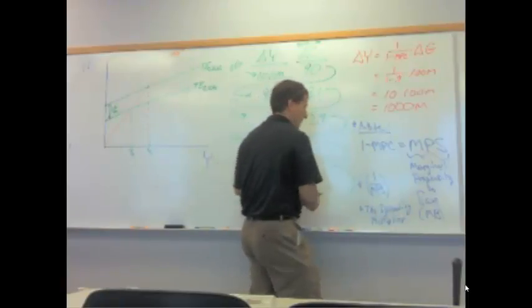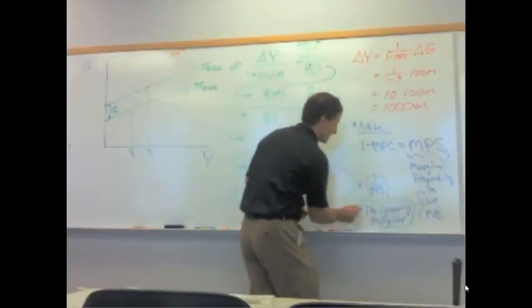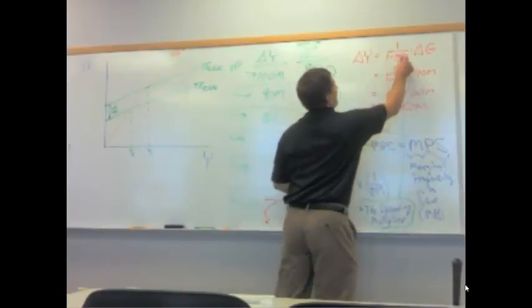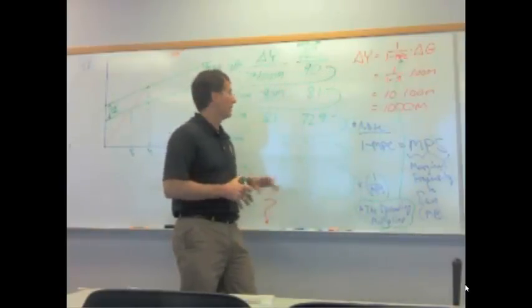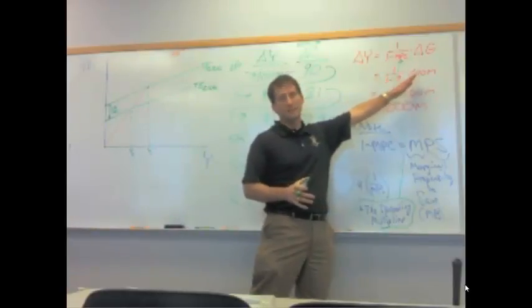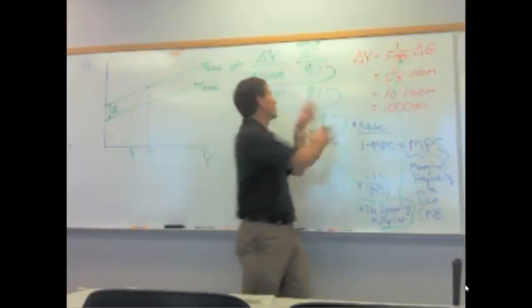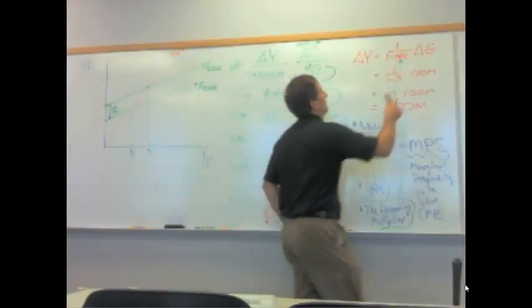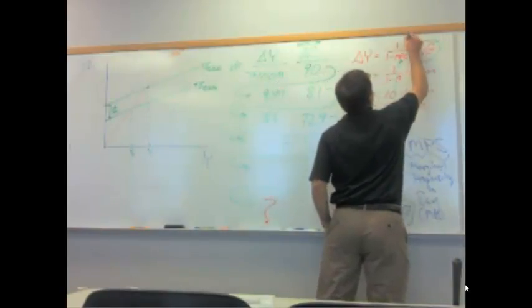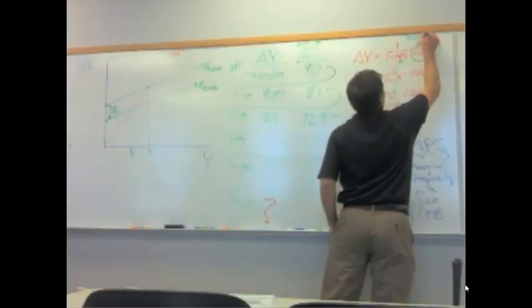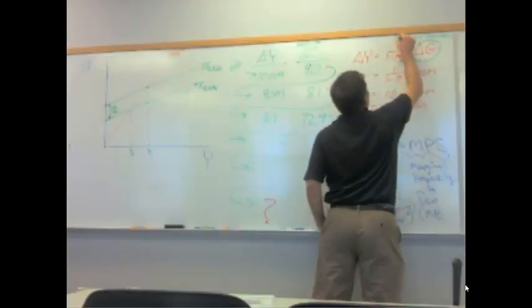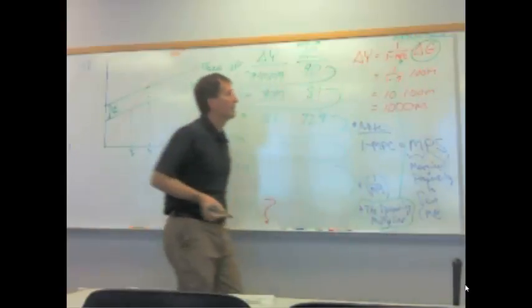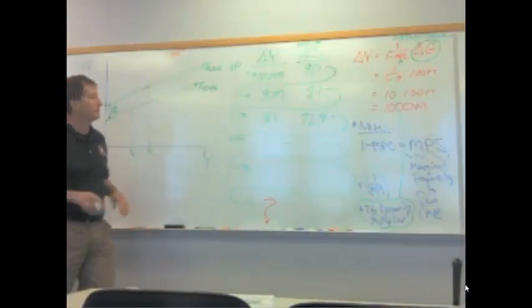In the most generic terms, it's the autonomous spending multiplier. I put G here, but that could be any change in autonomous spending. For example, investment. A change in investment trickles through the system the same way. So note that this is any type of autonomous expenditure: change in investment, change in government spending.